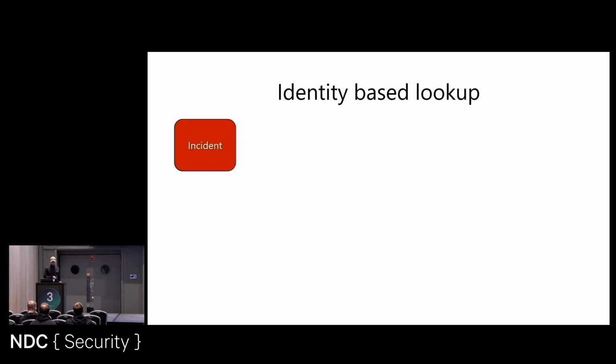Identity-based lookups are quite interesting, because if you work in a company, you have an idea about who is in the leadership, who has an admin role. So you can say a user entity, in this case, Filthy Rich.